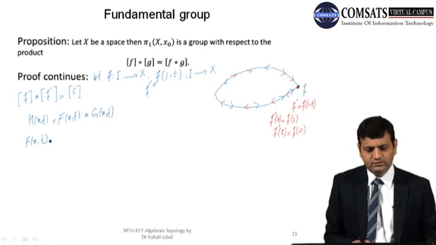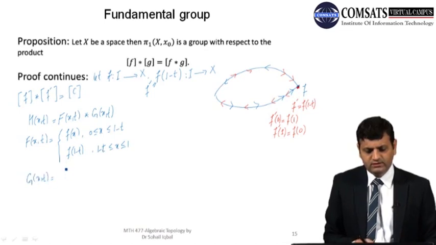This is equal to f of x when x varies between 0 and 1 minus t, and this is equal to f of 1 minus t when x varies between 1 minus t and 1. And what is G of x, t?